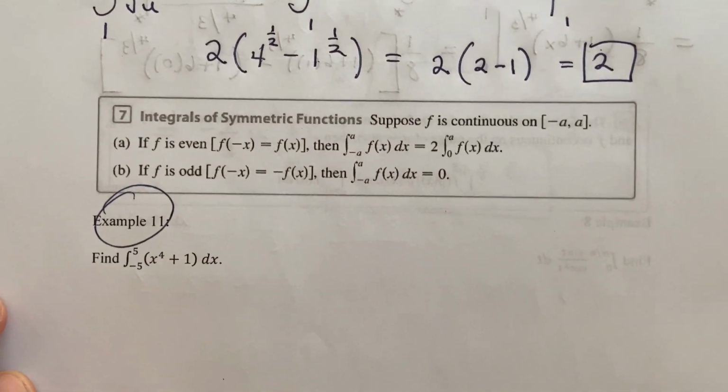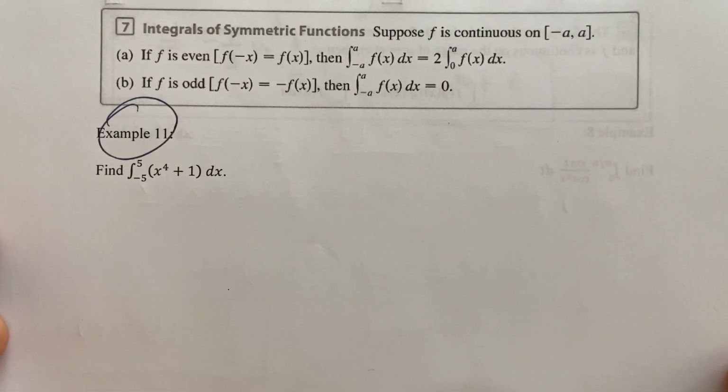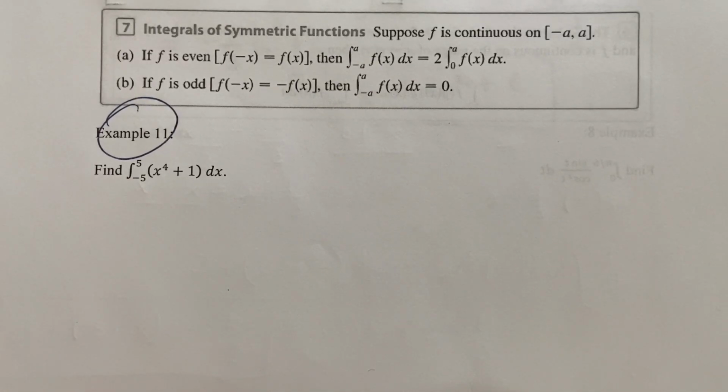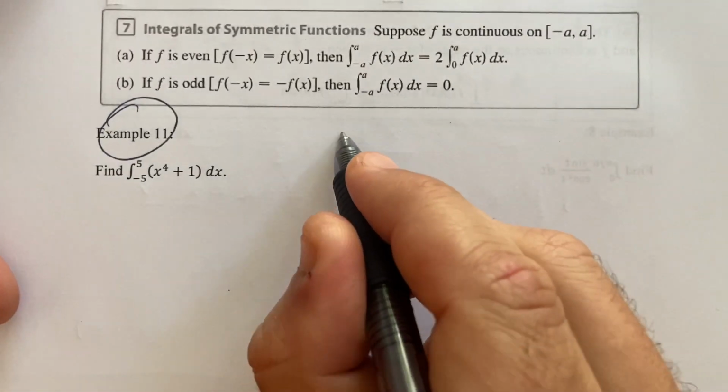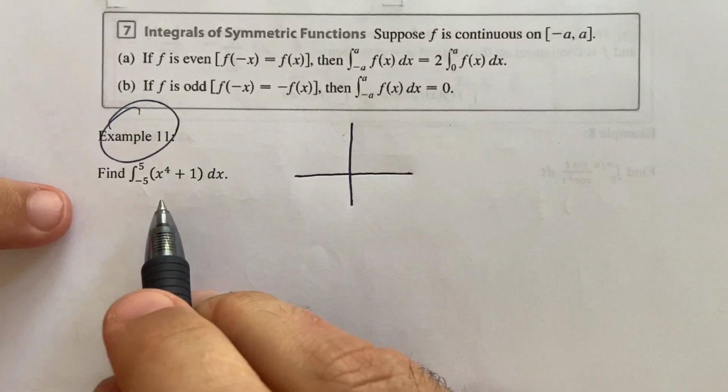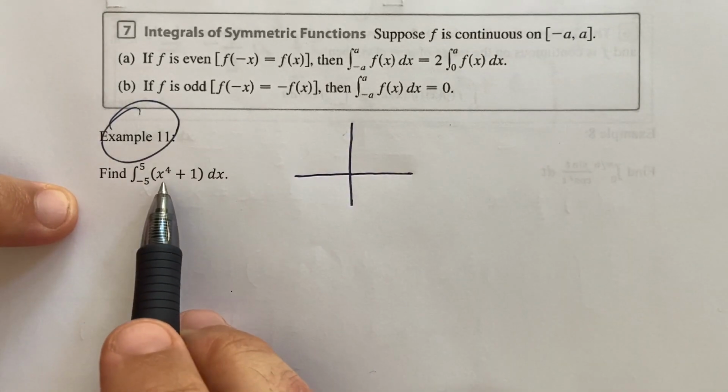All right, so in certain cases, you can get fancy. So keep in mind that you're finding areas under curves. You're finding like the net change of the area under the curve. So if you have a symmetric area, like imagine this curve, we're going from -5 to 5. This is similar to a parabola.